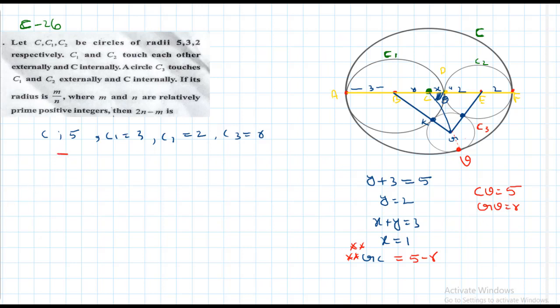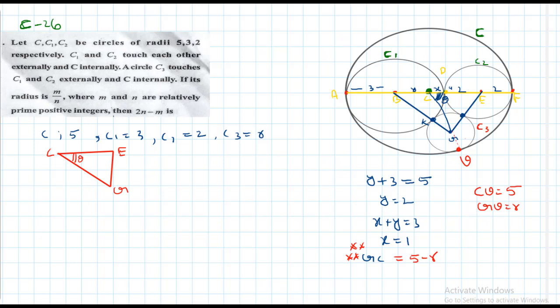For your convenience, I want to draw a separate diagram. So name this as C, this is E, this is G. This angle is taken as theta.